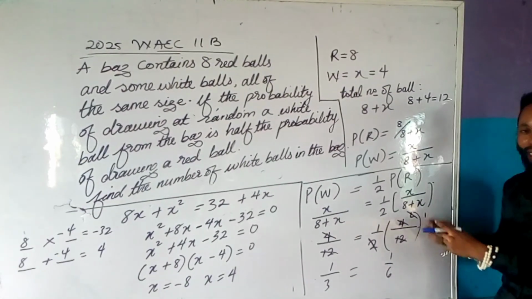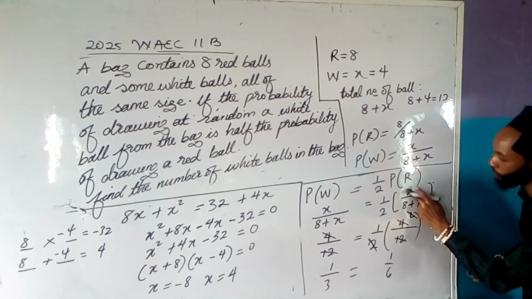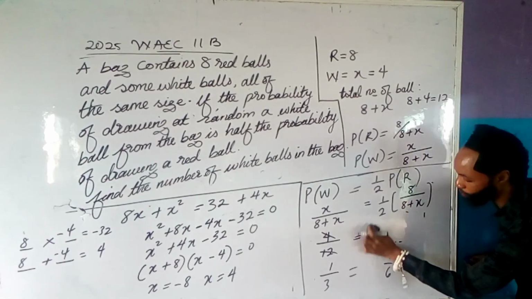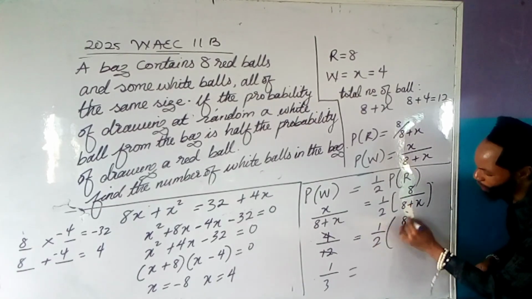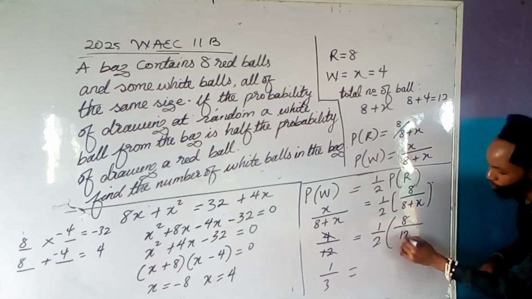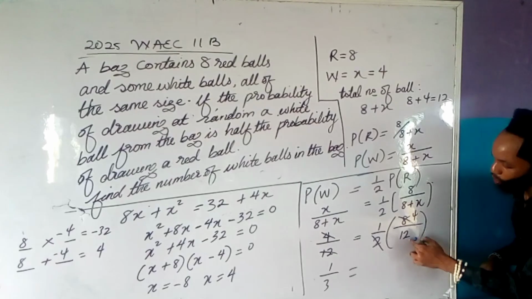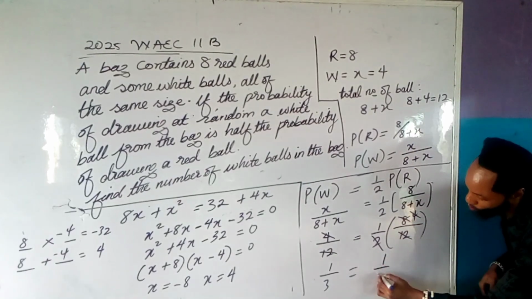Alright, I made a mistake somewhere. The probability of red is supposed to be 8, not X. So we should have 1 over 2 times 8 over 8 plus 4, which is 12. If I cut this, I'll have 4 over 12, which is 1 over 3.